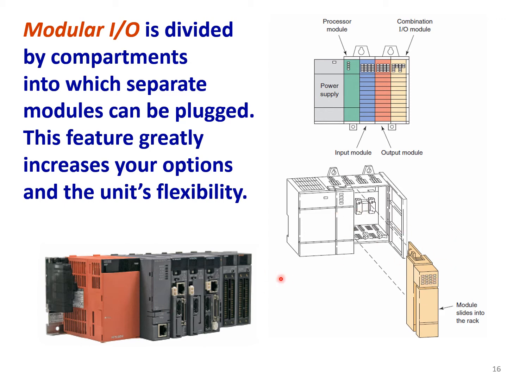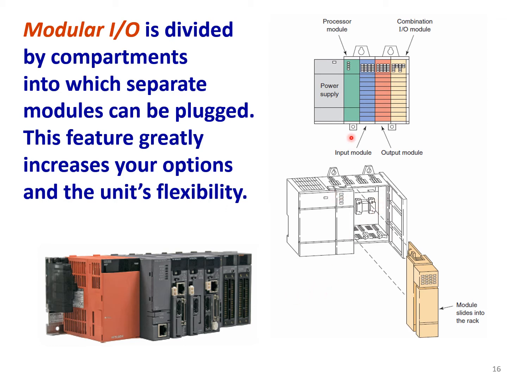Okay, so here you could see one industrial sample. We have a power supply unit, the processing unit, and then we have input output modules. So see that we have a greater option and flexibility.